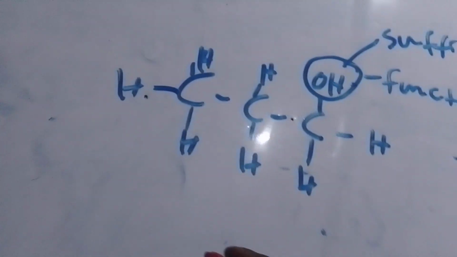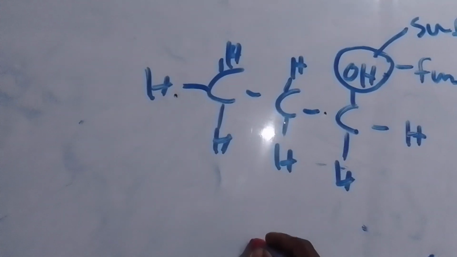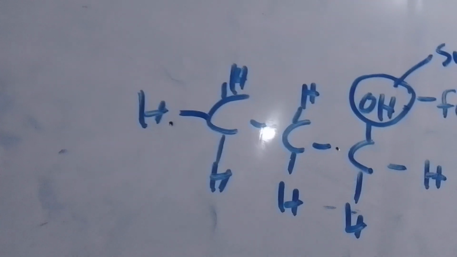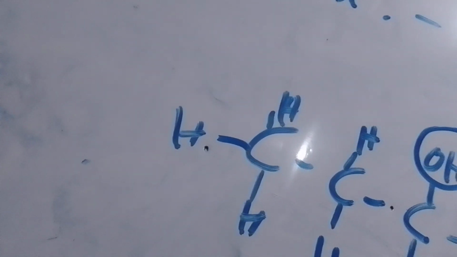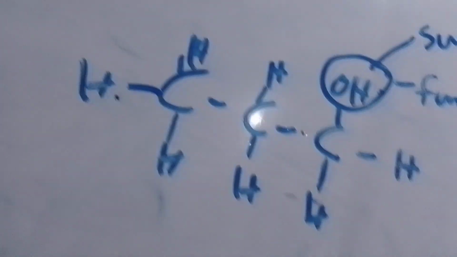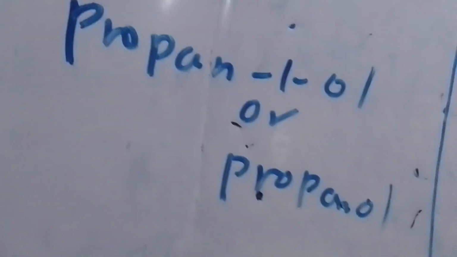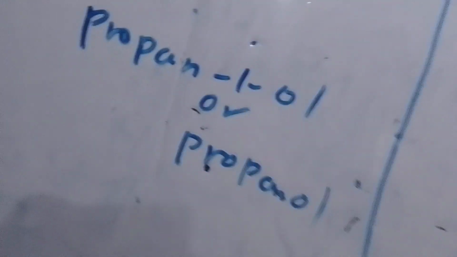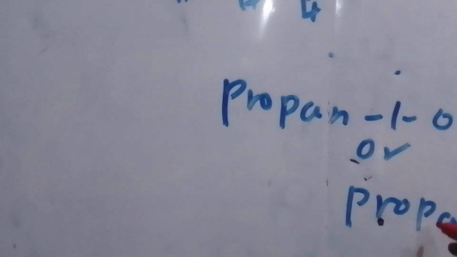So if I'm naming this compound here, I will name it as propan-1-ol, or simply call it propanol. Now, the suffix name is the name of the functional group, which is OL, that is OH in this compound.